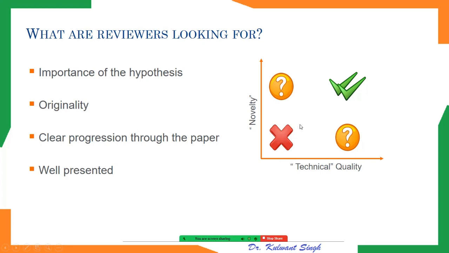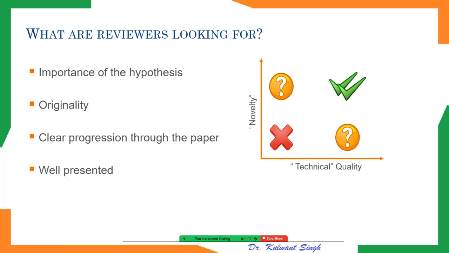But on the other hand, if your paper has good quality and good novelty, then it will be accepted. In the other two cases, where the paper has sufficient novelty but there is a lack of quality, it is a case of revision.